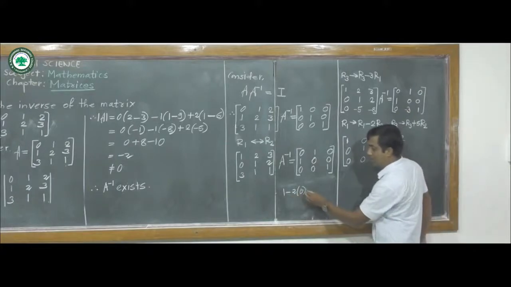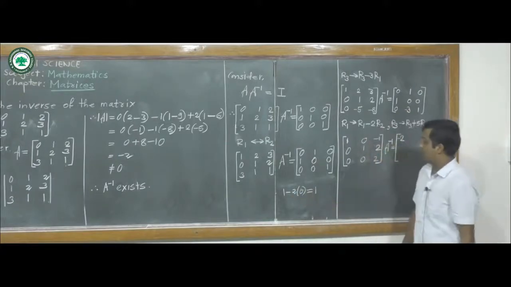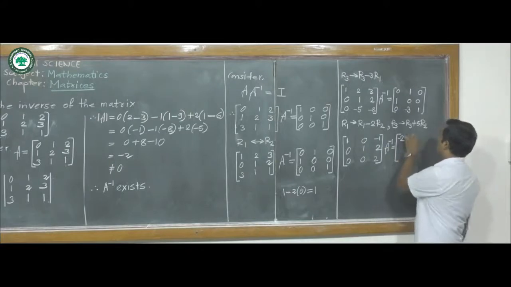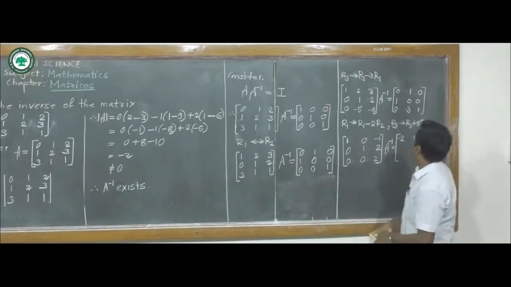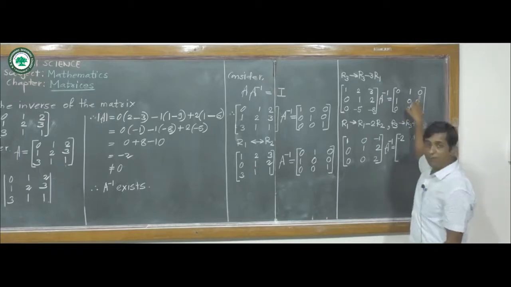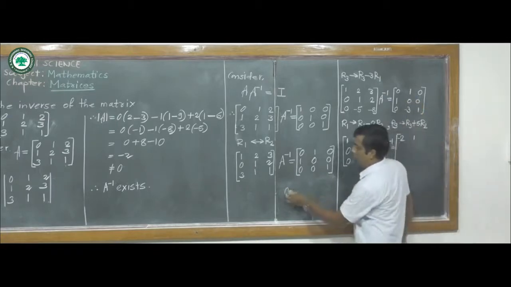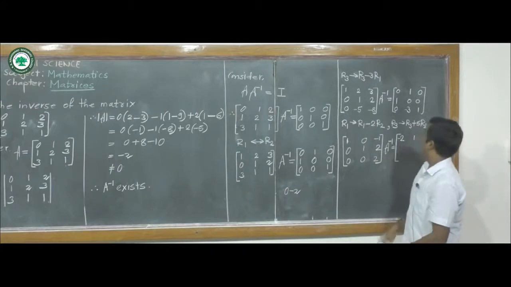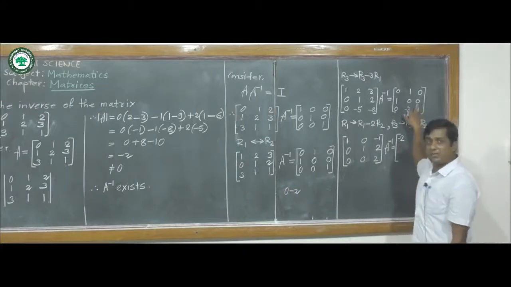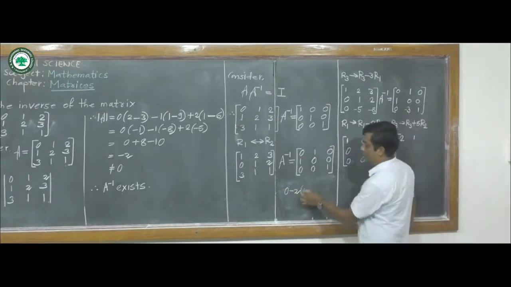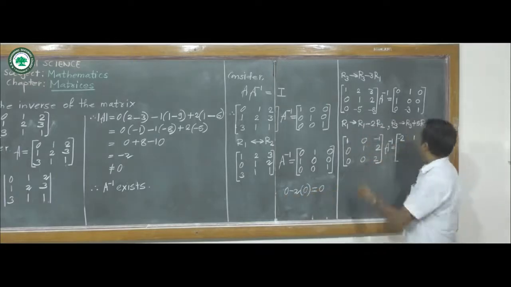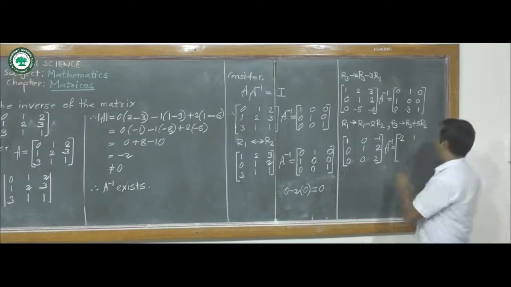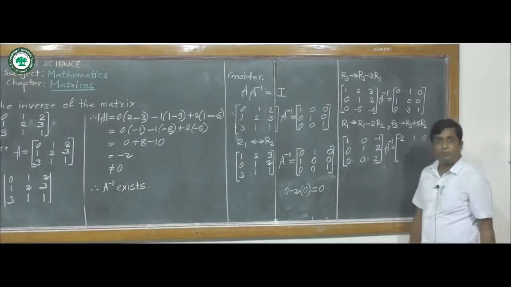So we get 1 minus 0, and we know 1 minus 0 is 1. Here we get 1. Next, the last element from first row is 0 with -2 into the last element from second row, which is 0. Here we get 0 minus 0, and we know this is 0. So in the position of 0 again we have 0.